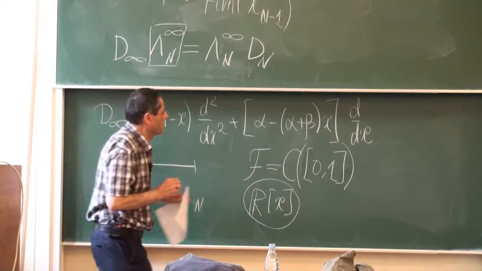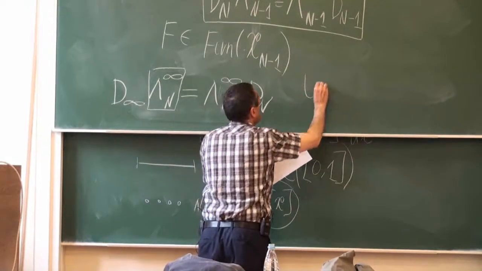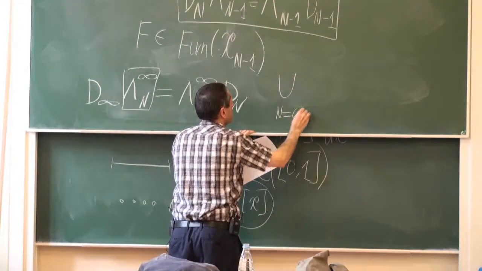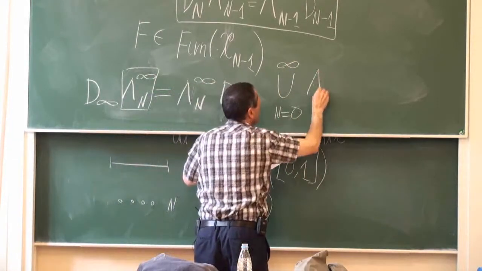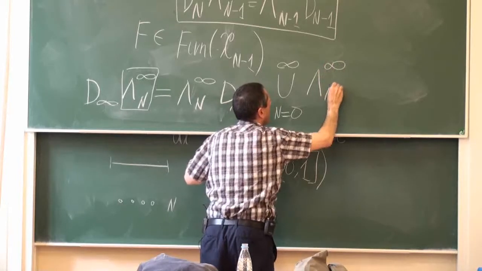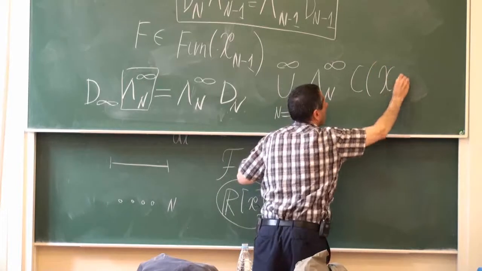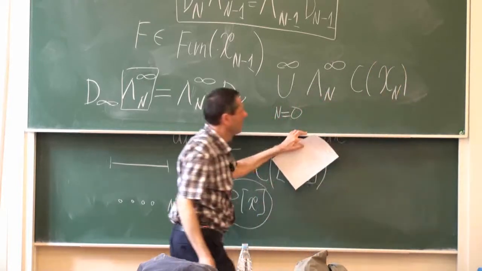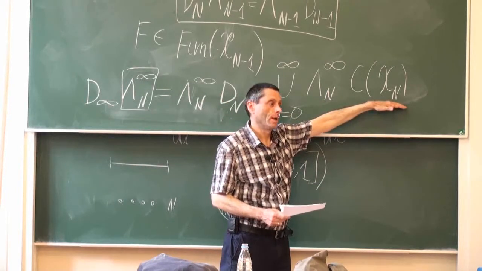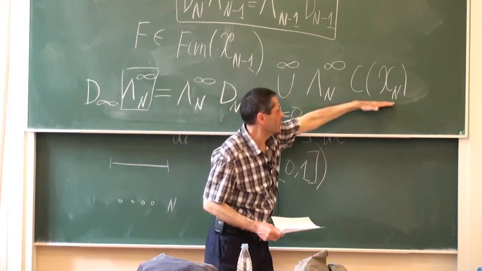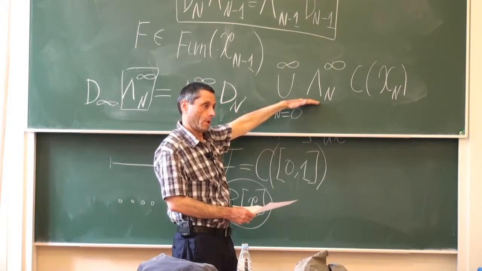The reason is that this space is just the union, as n goes from 0 to infinity, of the images of the spaces of functions on our finite sets. Because this is a finite dimensional space of dimension n plus 1, and this object is a subspace on the boundary. And what is this subspace?